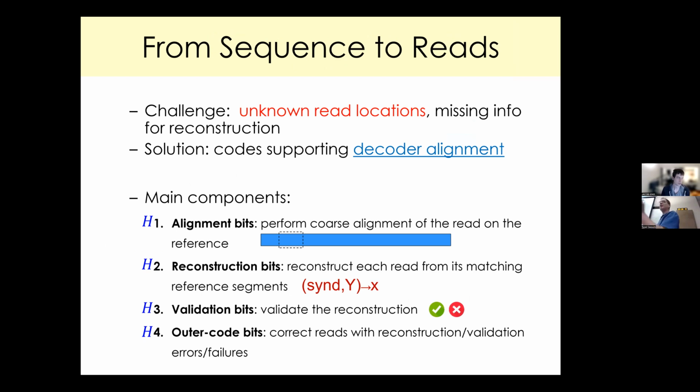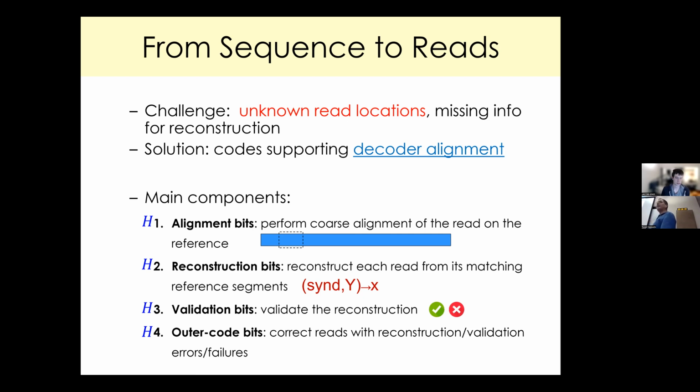Once we found a useful position within the reference, we do the usual reconstruction. We use the syndrome that we got from the code word and the reference segment we found to reconstruct the read X.